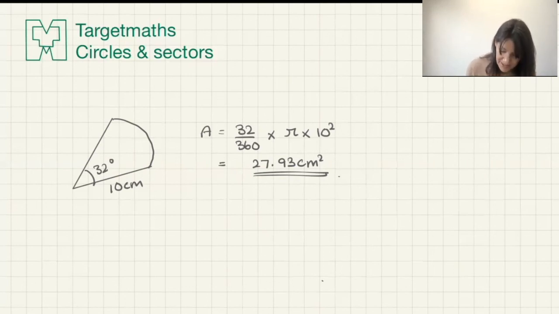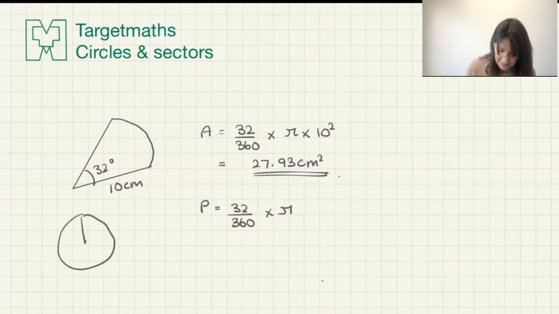Your perimeter is going to be the same fraction times pi d, and remember, if that's 10, my diameter is going to be 20. I put that into my calculator.